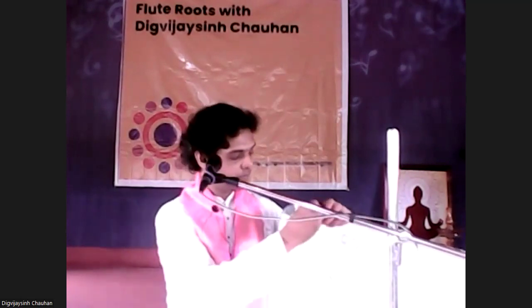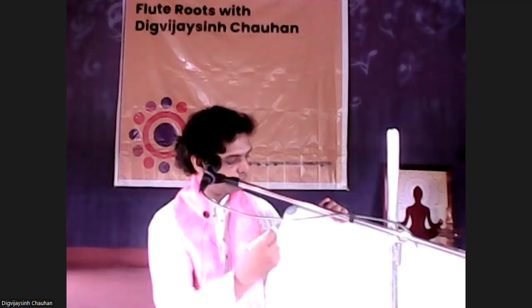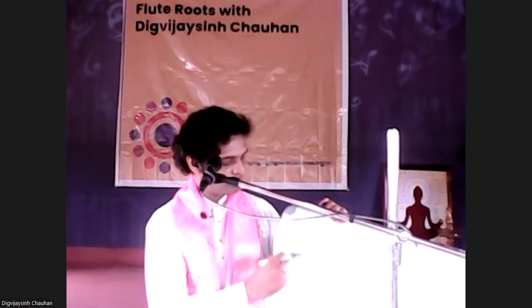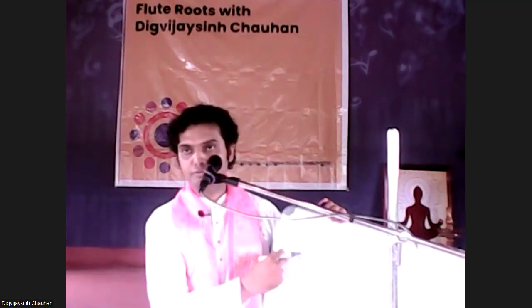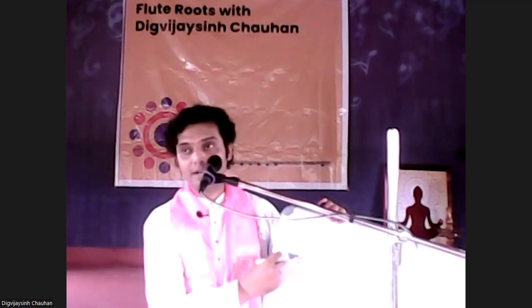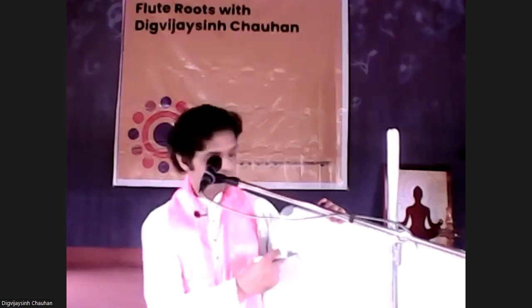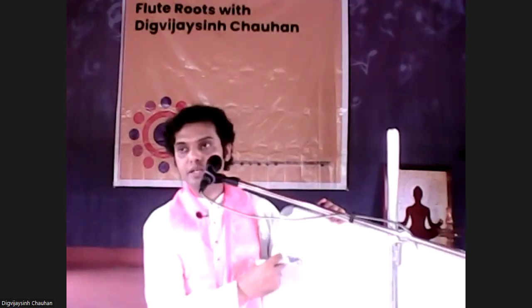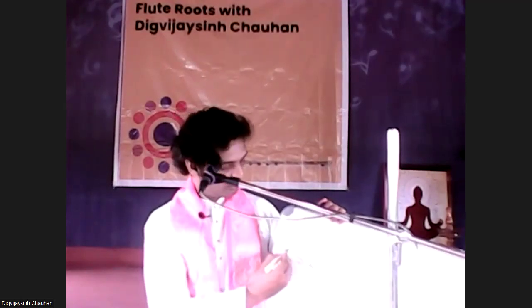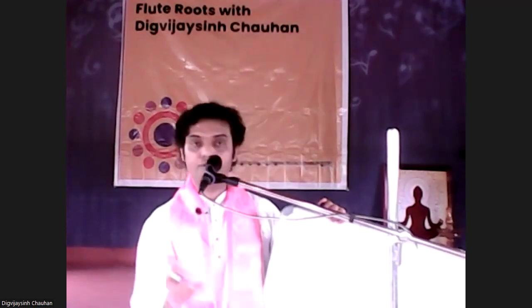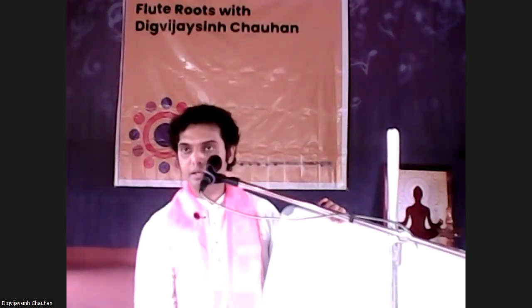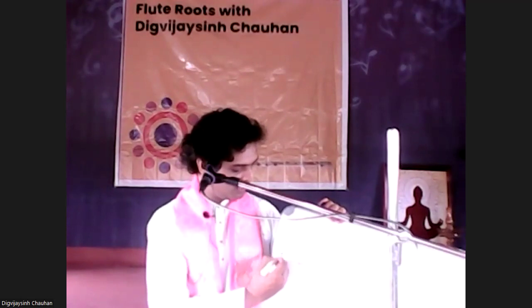Now see, if we talk in the range of the flute. If you go down from sa, which note will it be? Ni, but ni is not there in the raga. So after that, it will be dha. Dha you will have, and after that, pa. The pa you will have. That's it.